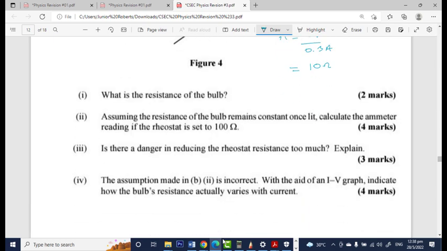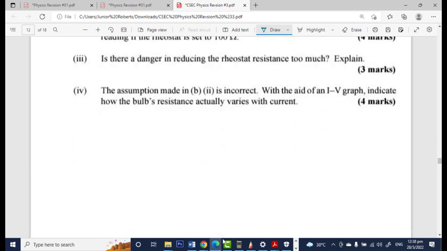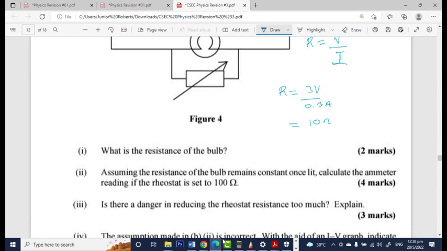Next one now says that assuming the resistance of the bulb remains constant once lit, calculate the ammeter reading if the rheostat is set at 100 ohms. So we know that this bulb is 10 ohms. We just calculated it a while ago, yes? Now the examiner is telling us that the rheostat is set to 100 ohms, yes?